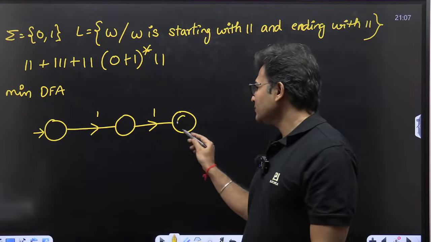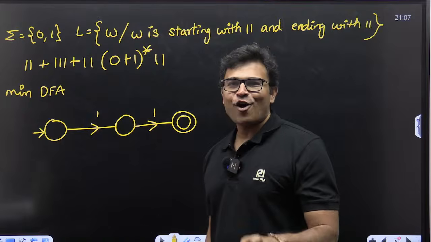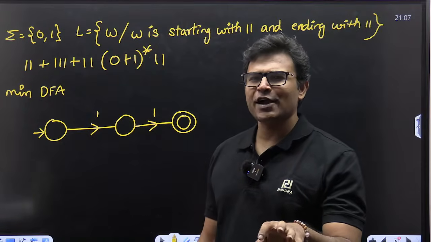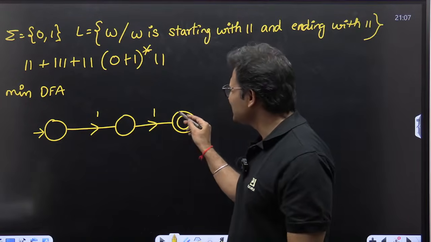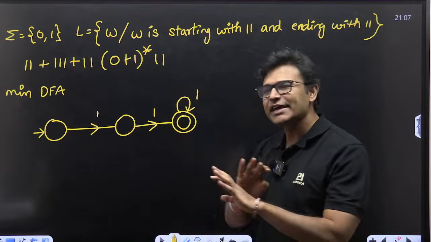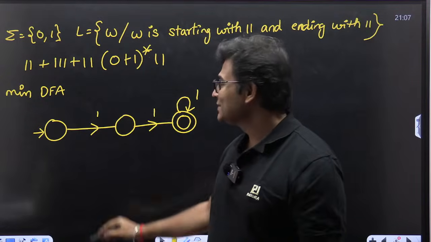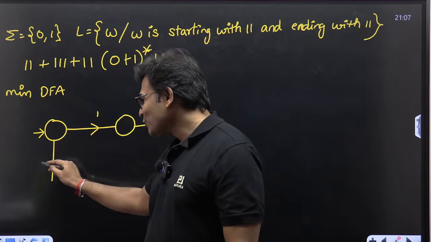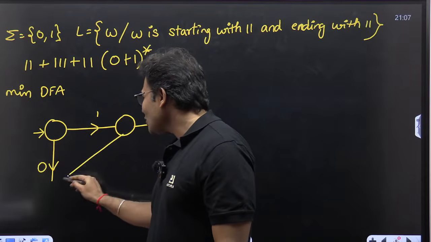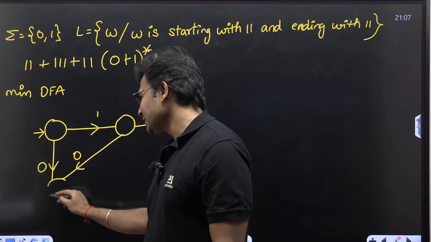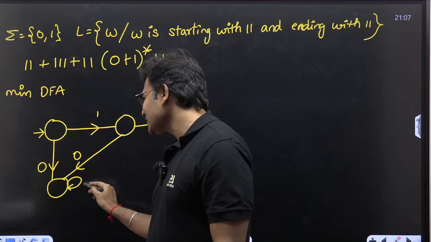So 11, you are accepting it. And after 11, any number of ones may come that is still ending with 11. So this part to everyone is clear. Now it has to start with 11, which means it cannot start with a 0 or it cannot start with a 10, isn't it? So it is a dead state.